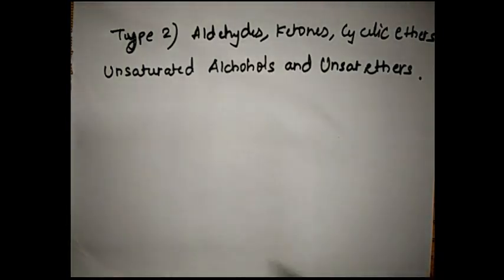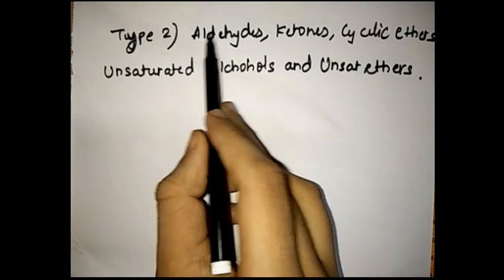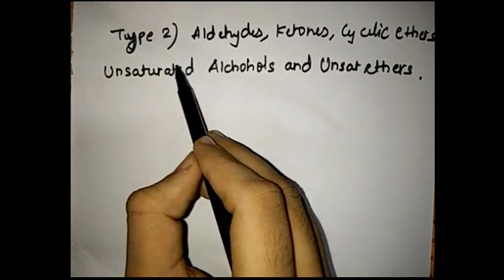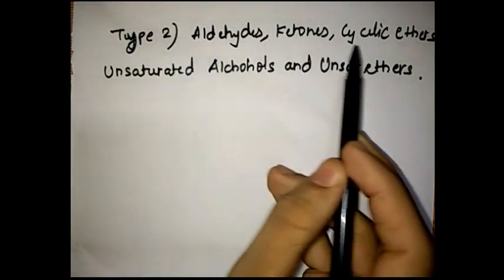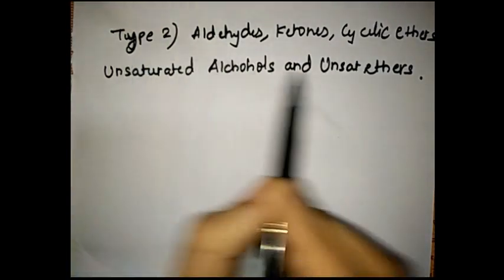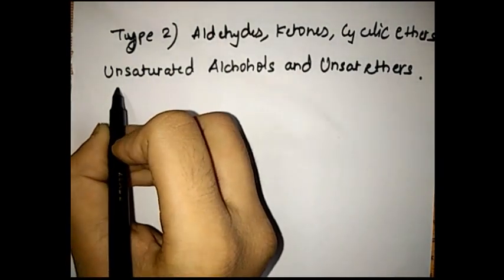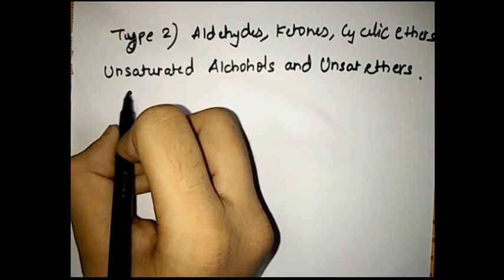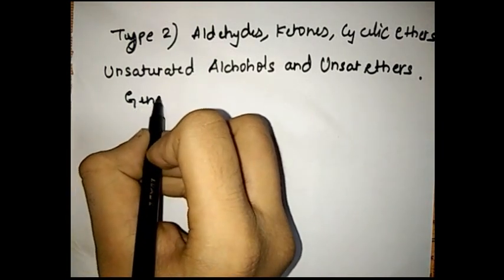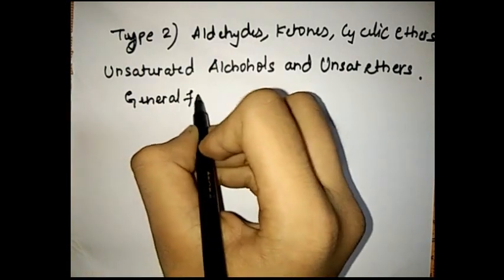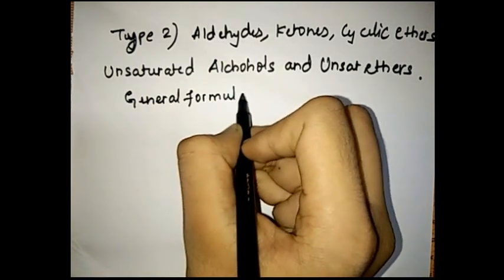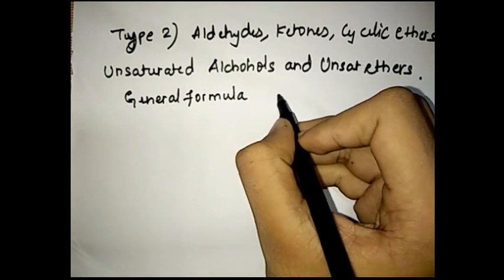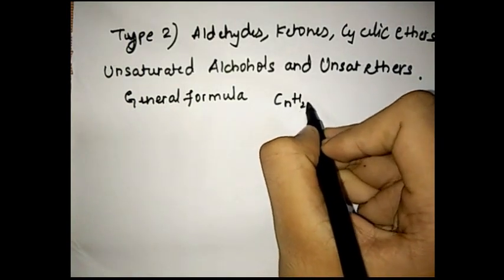So these all, 1, 2, 3, 4, 5, all these molecular formulas will be satisfied by a general formula CnH2nO.